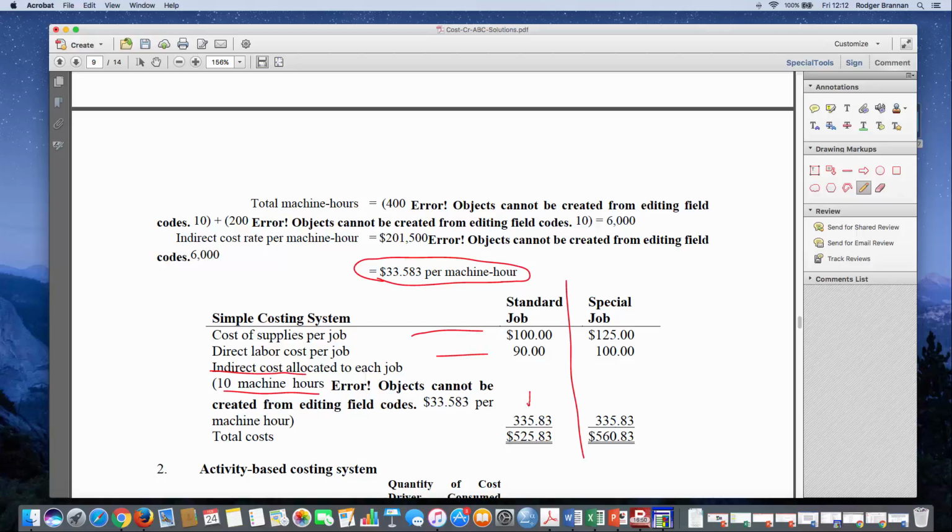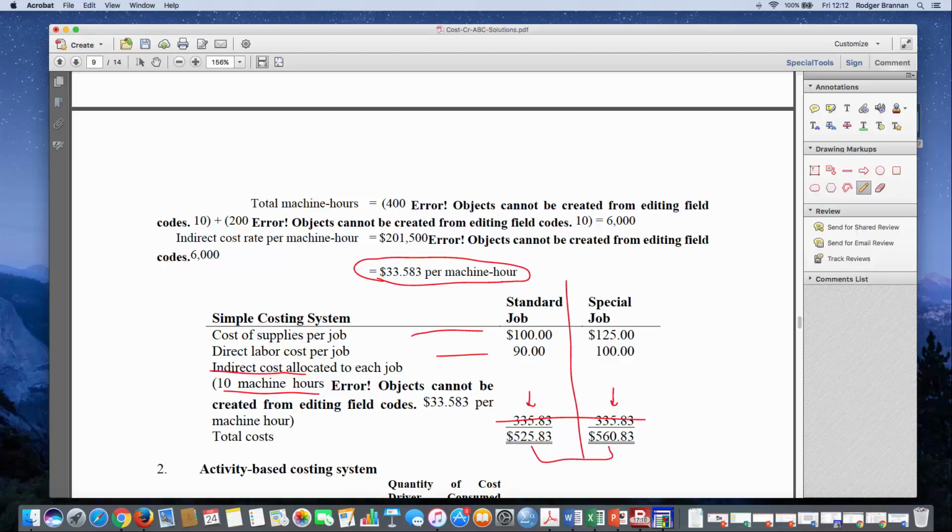So I will apply, strangely enough, the same overhead, which probably tells you that maybe we have a problem with the system. If I have a special or more complex job versus a simpler job, and I'm applying the same overhead across the board, I think I have a problem in terms of coming up with cost estimates.